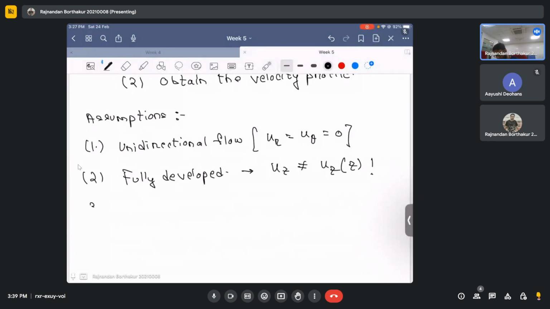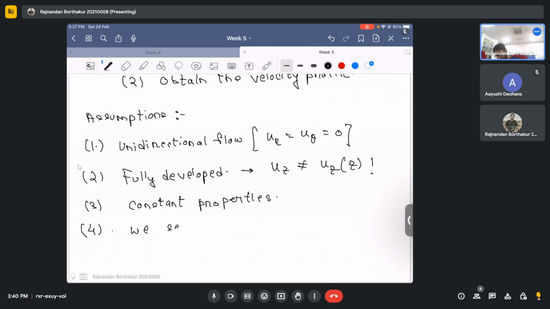We will follow one more thing, that is the constant properties assumption. So we'll take the properties to be constant values. And the fourth thing is not an assumption, but what we seek is a time periodic solution.